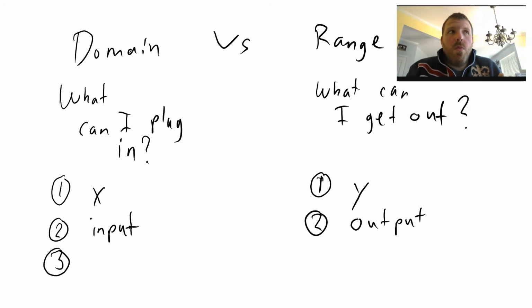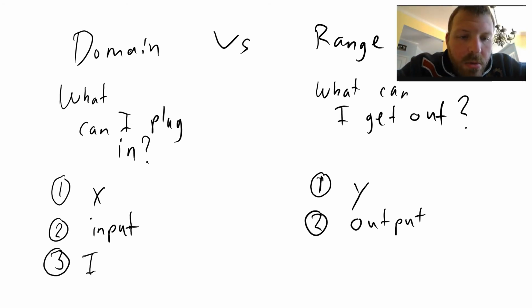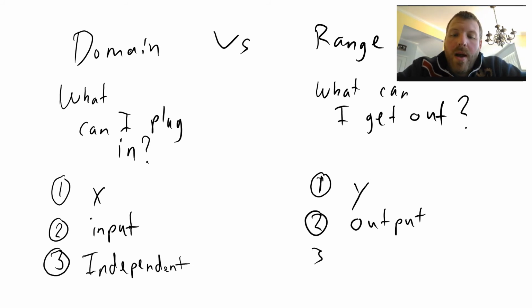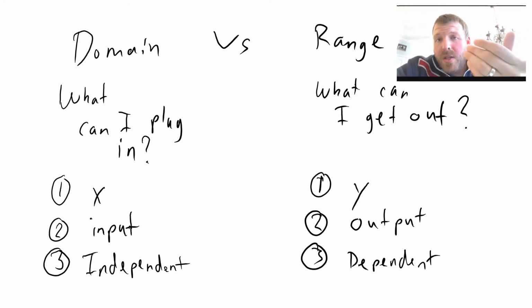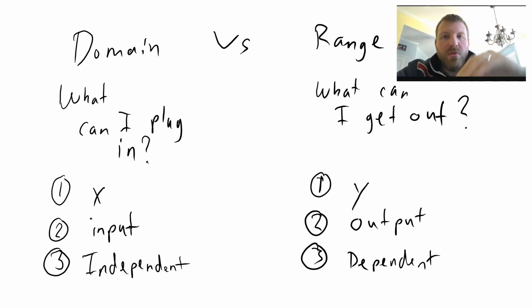So because x changes and we plug it in, it's known as the independent variable because it's independent. Which means that our y value is the dependent because it's dependent upon what x is. See, the independent variable is independent, but the dependent variable is dependent upon what x is.